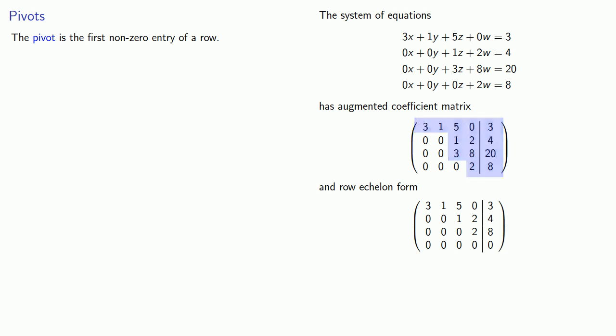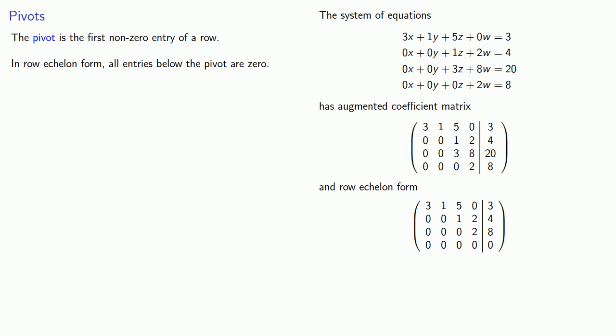When we reduce our system of equations to row echelon form, then all entries below the pivot are going to be 0. So in row echelon form, 3 is the first row pivot, and everything below the 3 is a 0. Likewise, 1 is our second row pivot, and everything below the 1 is a 0, and so on.